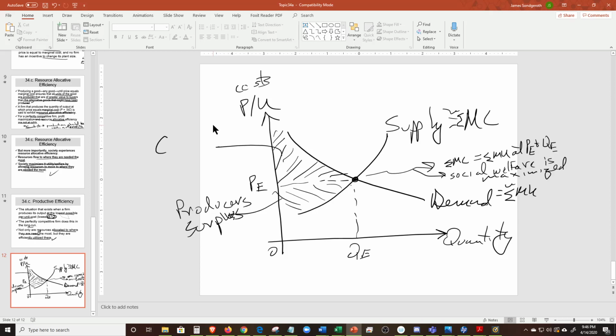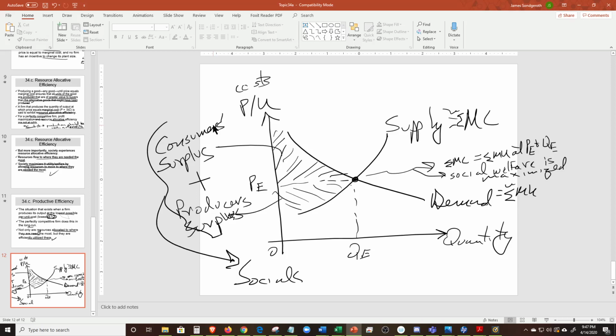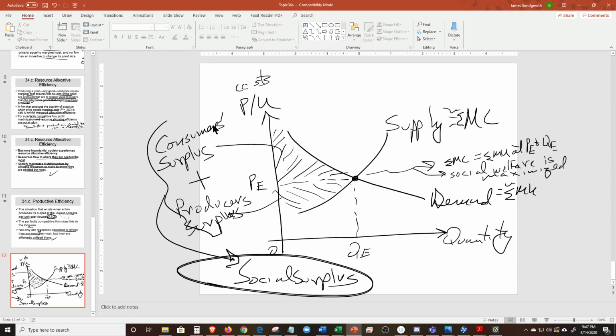This is consumers surplus, and if we add these two together, we get the social surplus, and that's being maximized right here.